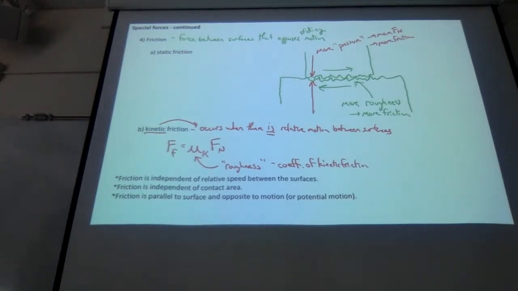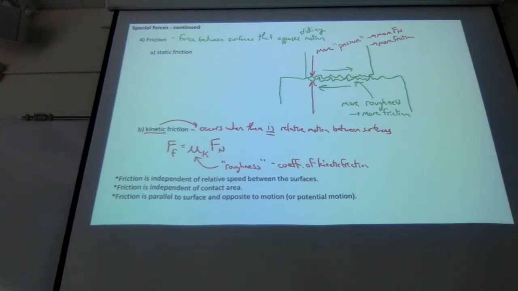So something is sliding against something else, okay? In other words, if I take my hand and just drag it across the board, clearly there is motion between the surface of my hand and the surface of the board, and I can feel that opposition. There is kinetic friction occurring between those two surfaces at that point.